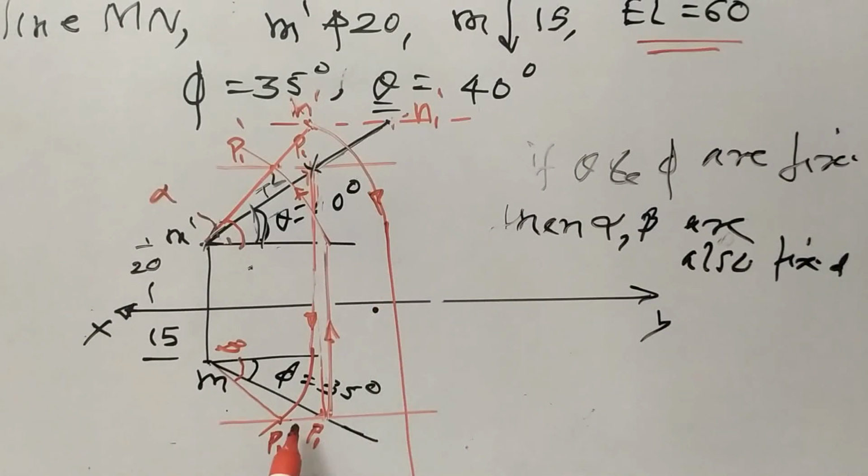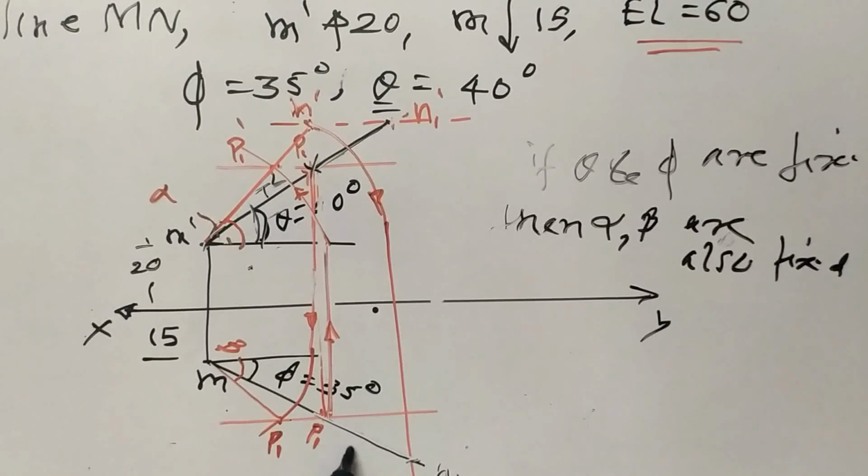Project it, and this elevation length is converted into the true length, meaning it should be cut on the true length or on the projector. The true length inclination is already given. So I will extend this, and it will cut here. So this is my final N1 point.